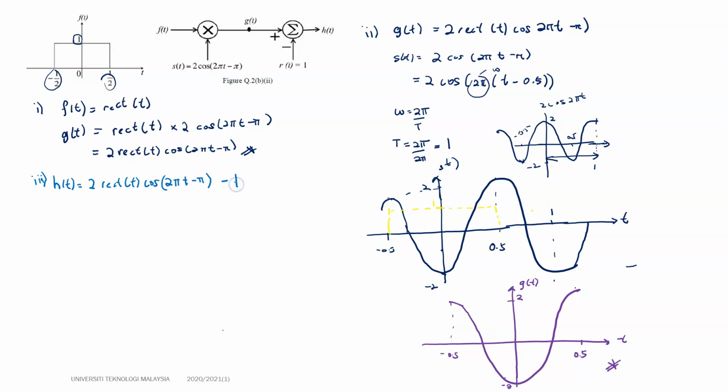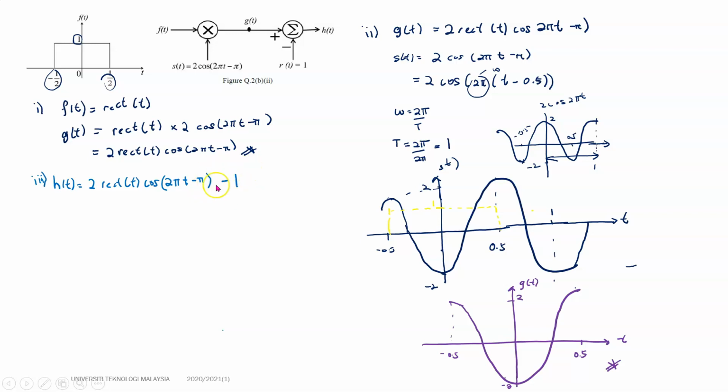So if we were asked to draw this signal, it is basically the amplitude shifting, because we minus 1 here, not in the bracket within t.